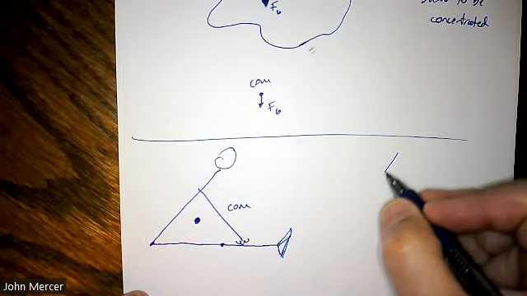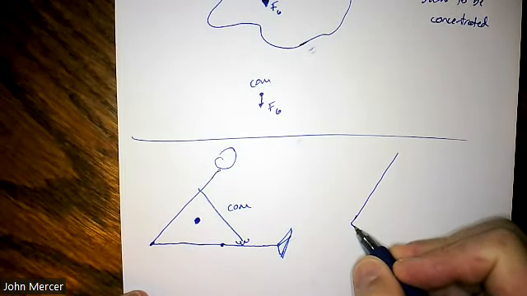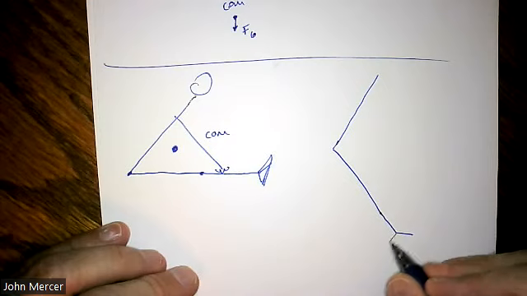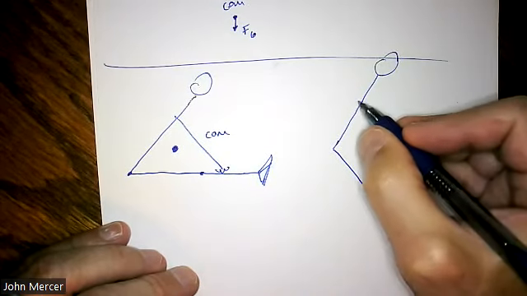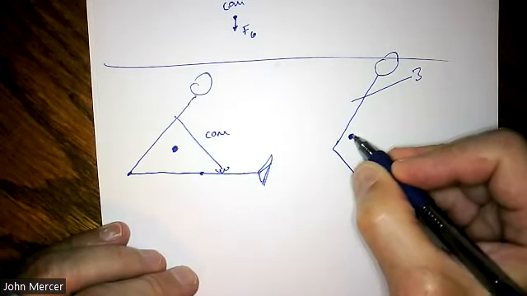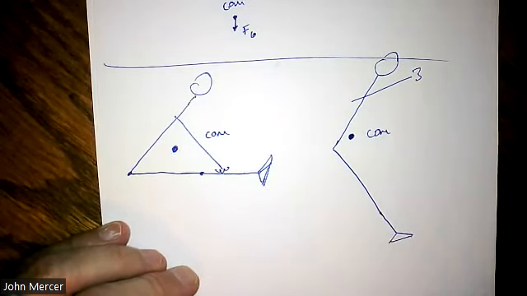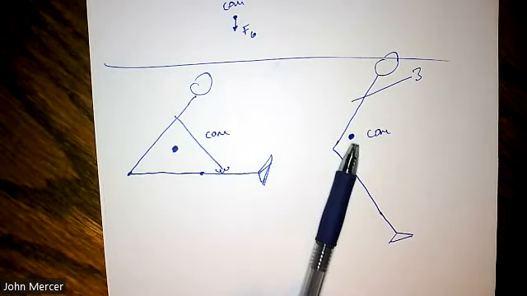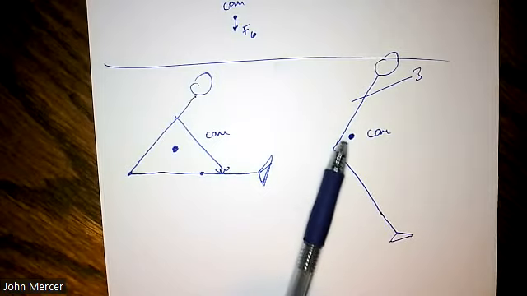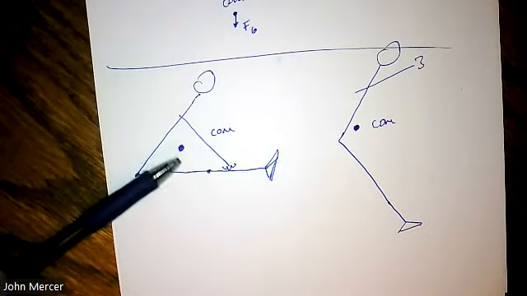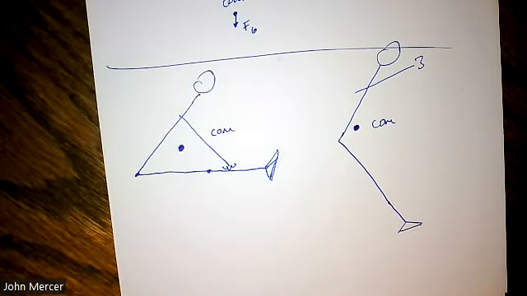So if the person changes position and is now doing something like this, maybe the center of mass moves over here. It's the point where all mass seems to be concentrated. It's not a singular point. It's not a point on the body. It doesn't have to be a point in the object. It can be outside of the object.